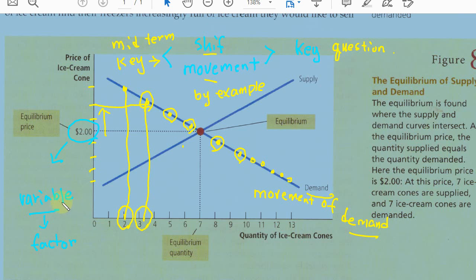We call the variable price an independent variable. This variable is not influenced by other factors; it makes an influence on other variables.